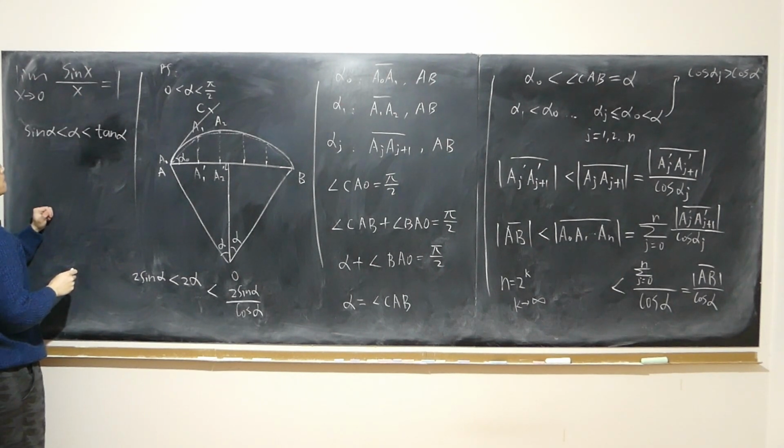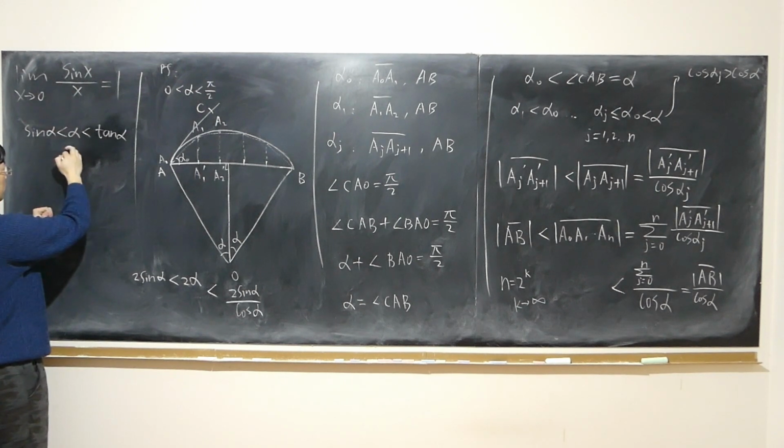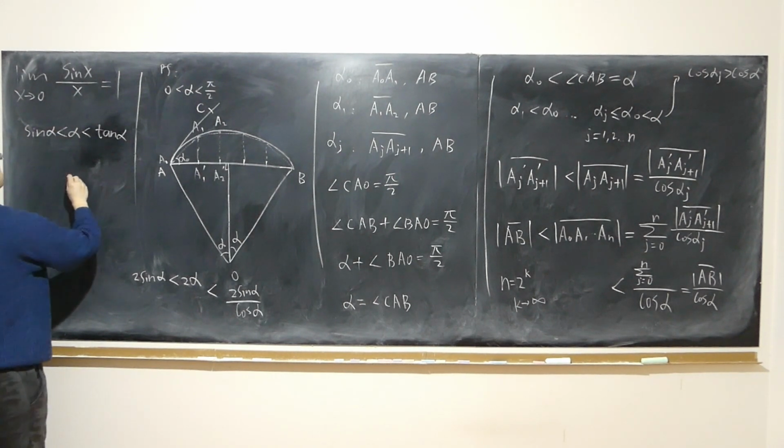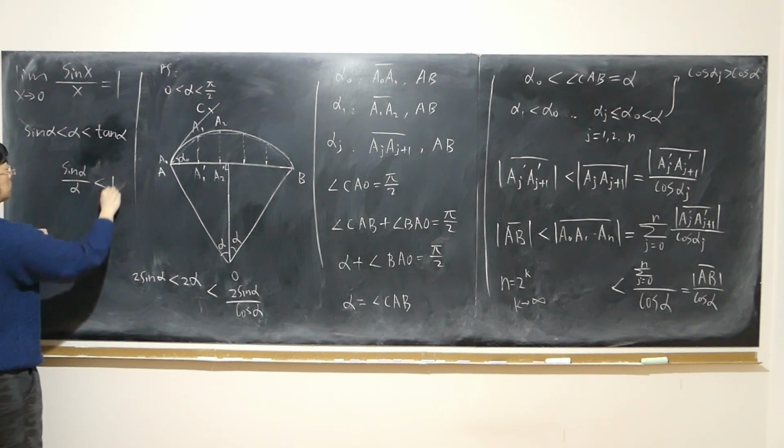If I divide, because remember I need to work out this limit, I just have to divide both sides by alpha. Right? What do I have? Sine alpha over alpha, alpha is positive, right? Less than 1.